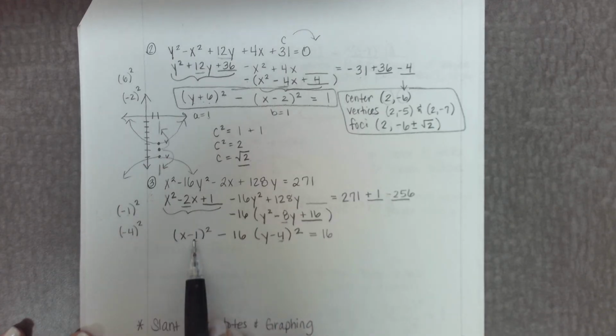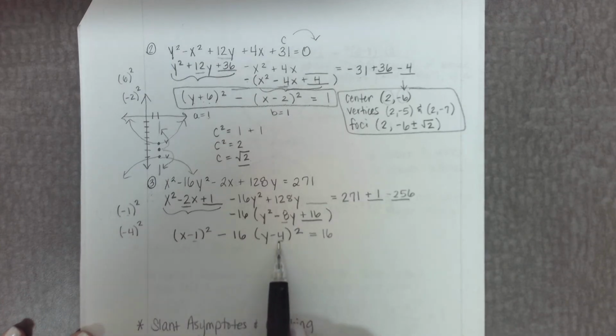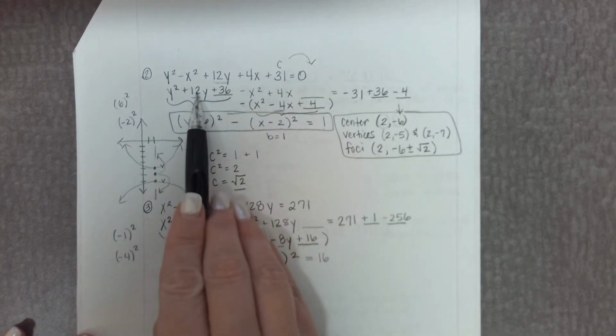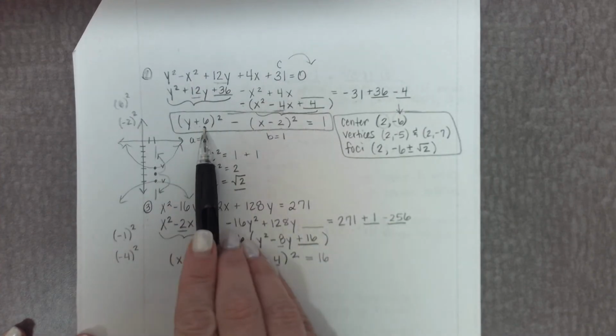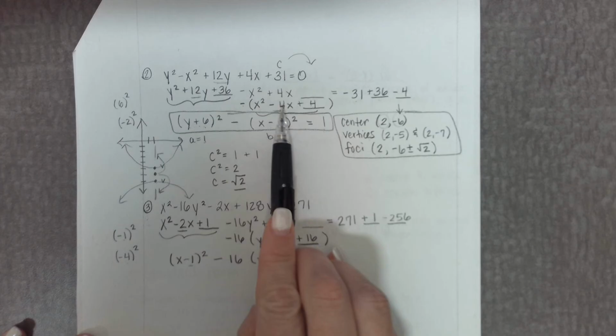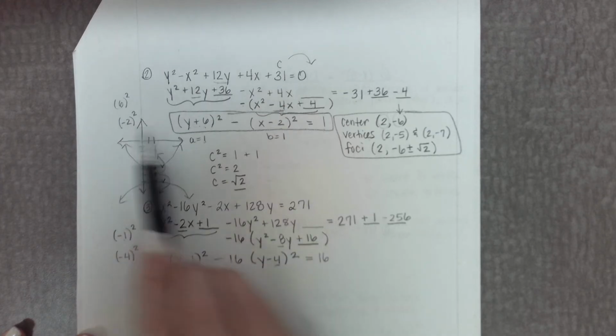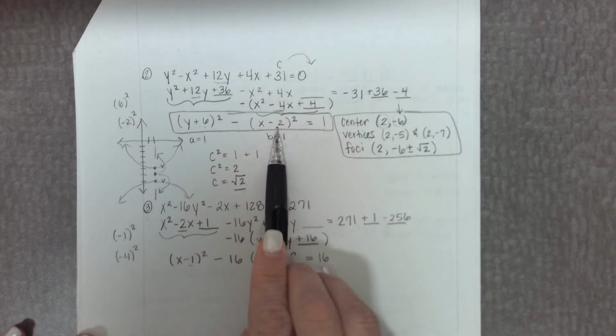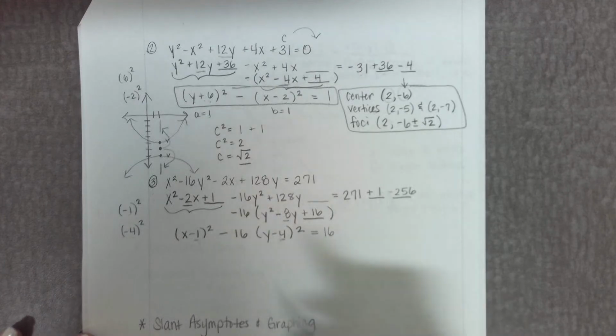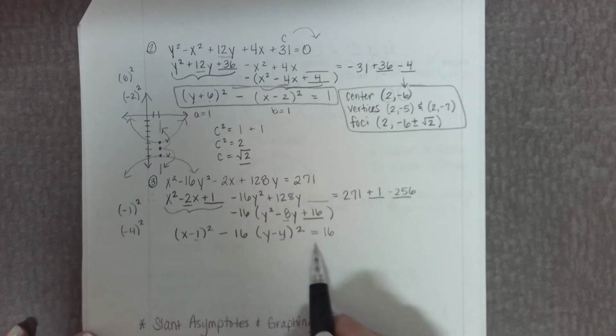That's what it factored into. Half of negative 8 was negative 4. That's what it factored into, negative 4. Same thing up here in the last problem. Half of 12 was 6. It factored into a plus 6. Half of negative 4 was negative 2, and it factored into a minus 2. That's the shortcut.